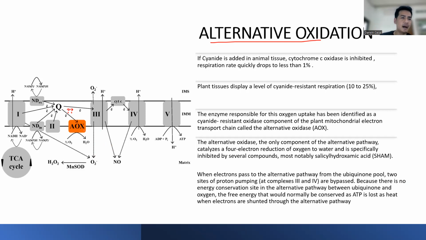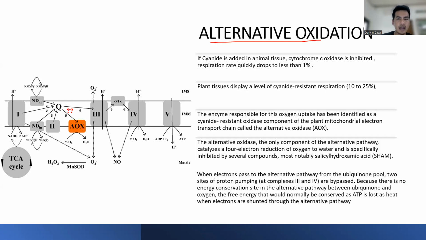So, alam nyo ba na ang AOX or alternative oxidation is controlling the respiration. Kinokontrol niya ang release of oxygen during drought. Bakit? Kasi once na mayroong drought at mas mataas ang release ng oxygen, ang mangyayari, mas lalong mai-stress yung plants natin or mas lalo siyang mawawalan ng energy.